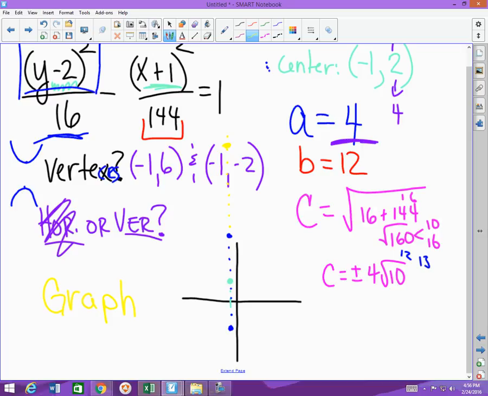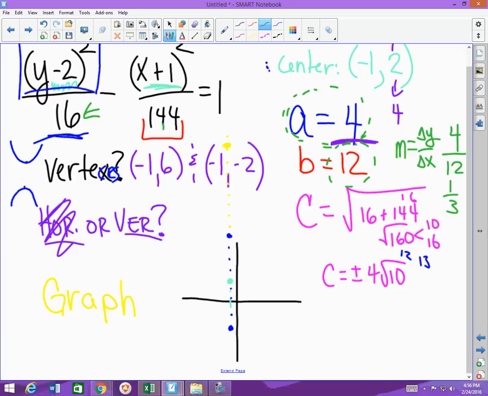Now if you want to know how to draw the hyperbola, you have those asymptotes. The slope of the asymptotes, remember, is the change in y over the change in x, and in this case the y value is this one, so that would be 4, and your x value is this one, so 4 over 12, which is 1/3.